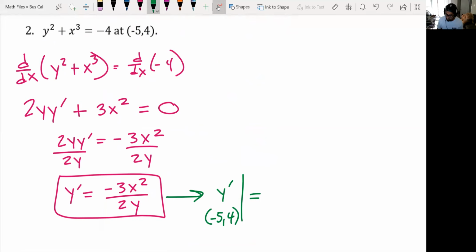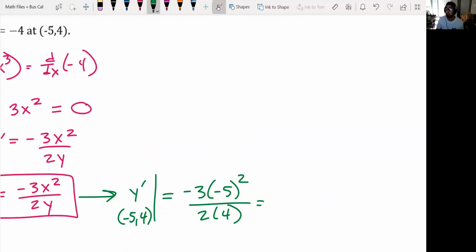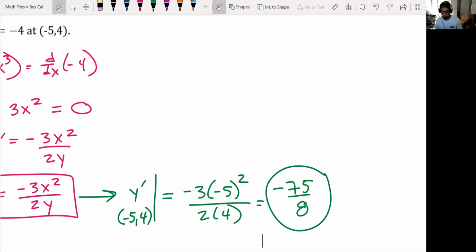So -5 is going in for x, and 4 is going in for y. And now just simplify. I get -3 times 25, so -75 over 8. And that's it. Nothing crazy.